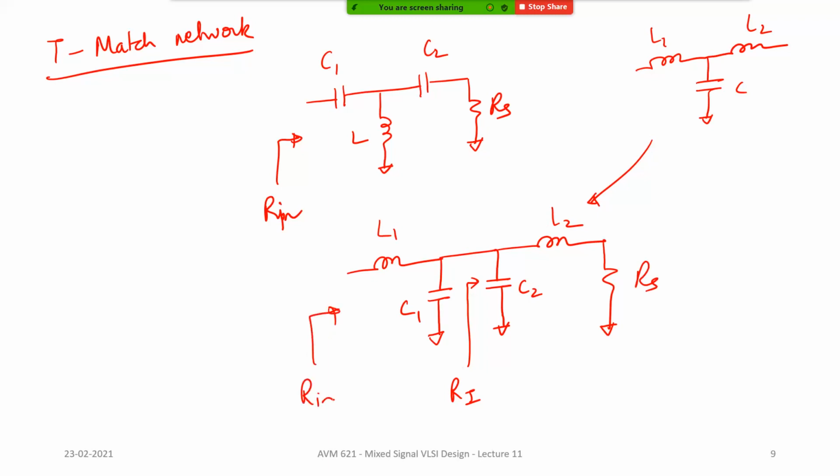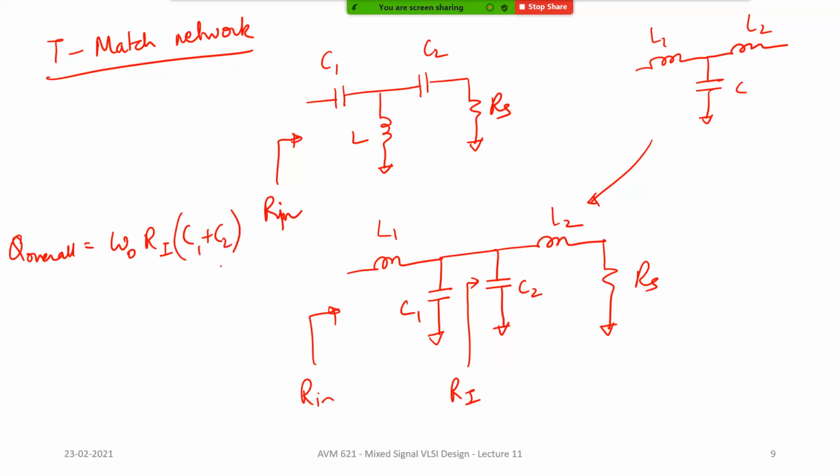Okay, so the same set of equations can be used. I mean, the same way of writing things can be done, right? So the Q overall can be written as, let's say, Ri in shunt with C, so it is omega naught Ri C, which includes C1 and C2. Okay, all right.